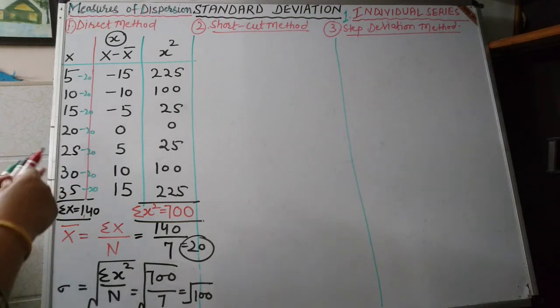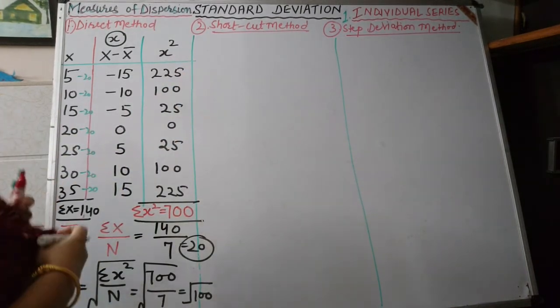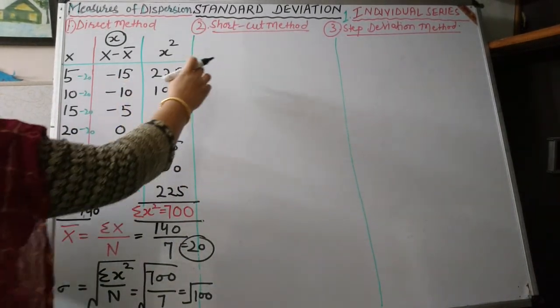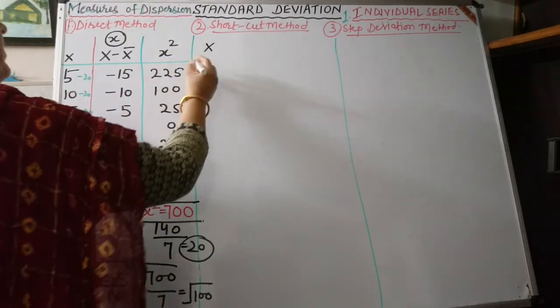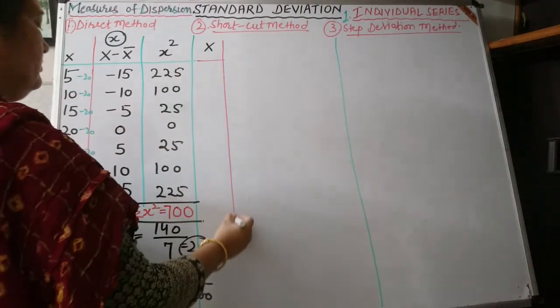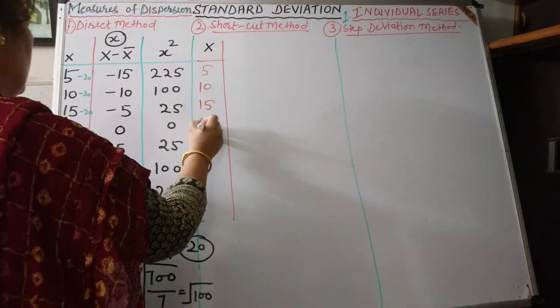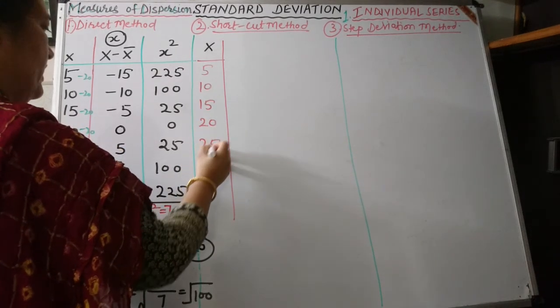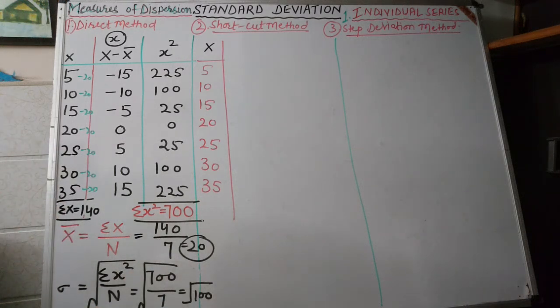Now let us calculate standard deviation in individual series by shortcut method. Now we are taking the same values of x: 5, 10, 15, 20, 25, 30 and 35.